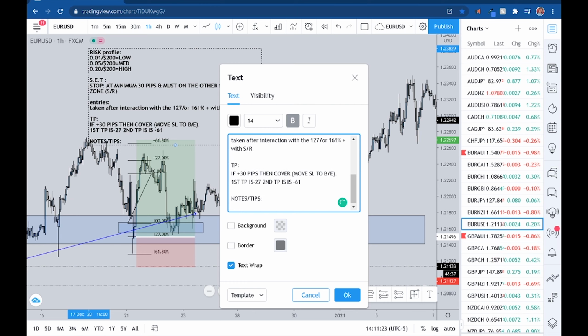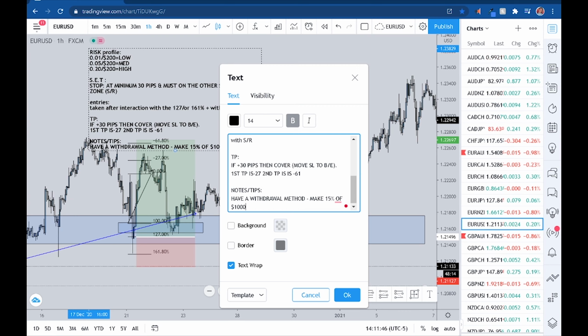Have a withdrawal method, right? So let's say you were to make 15% of $1,000, which is going to be $150.